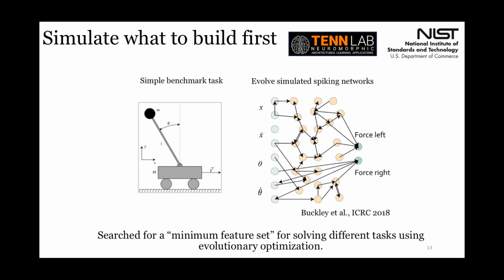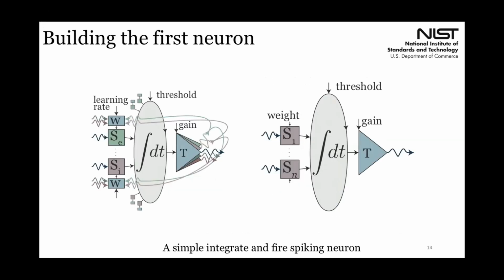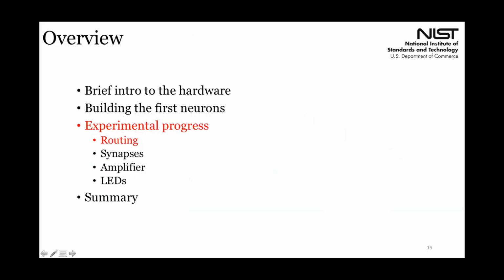The point is that using this, we were able to come up with a minimum feature set. So we take our full hardware platform and we whittle it down basically to a very simple integrate and fire neuron. Okay, so that's what we're trying to build right now.